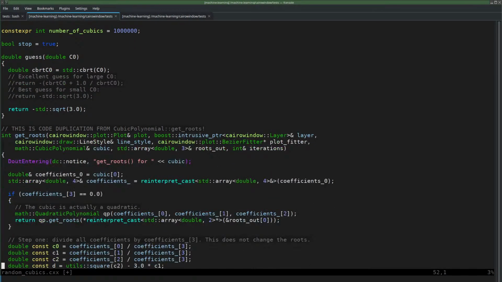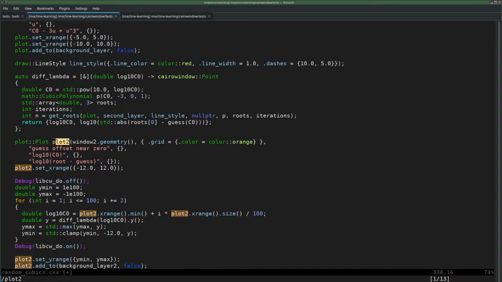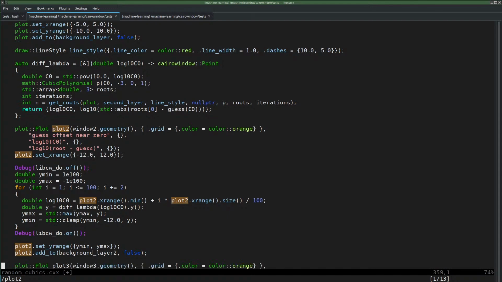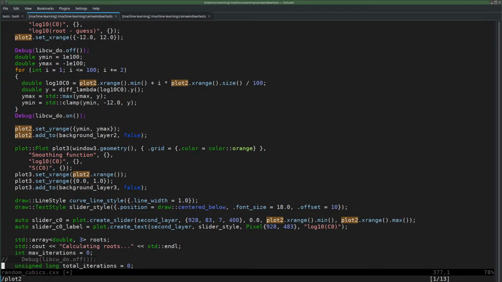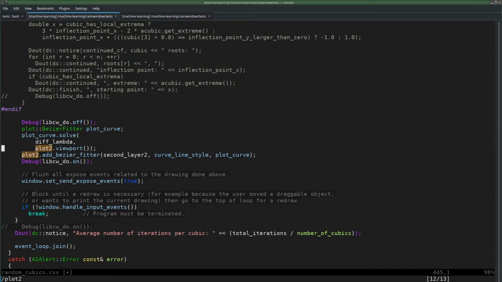Okay, how can we calculate S0? So I need something like we used for plot 2, but then not plot the log 10 of root minus guess. So this is using the diff lambda to plot the difference. Now we want to plot something in the other window.